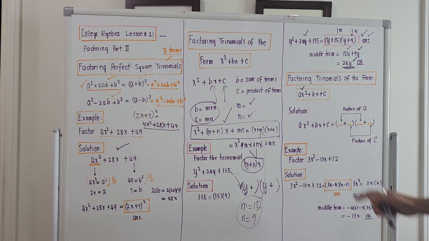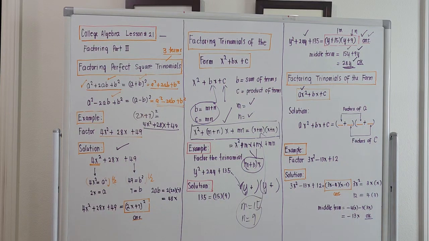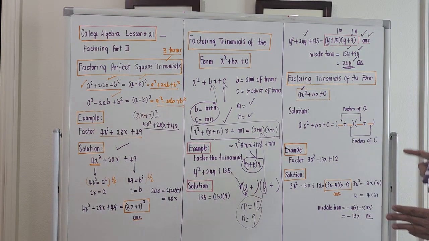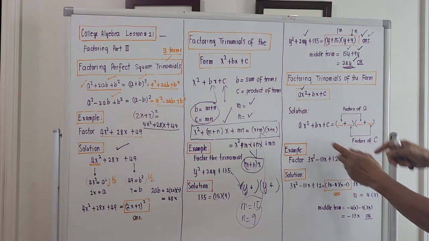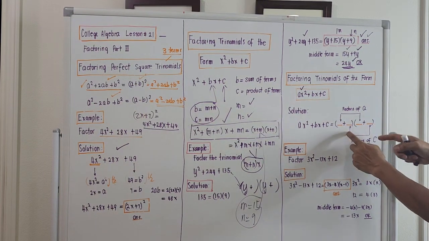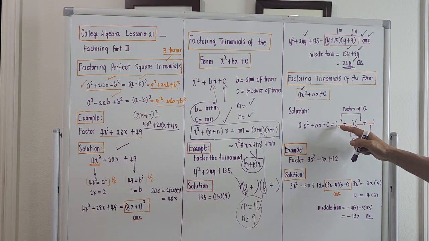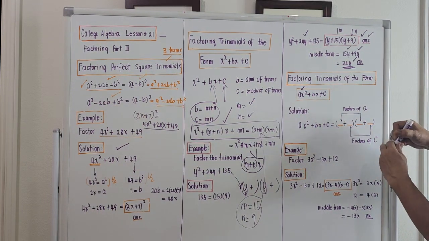Since this a here, we do not know the exact value of it for the meantime. The resulting factor of this will be the quantity blank plus blank times the quantity blank plus blank, where the first blank in the first quantity and the first blank in the second quantity will be the factors of a.